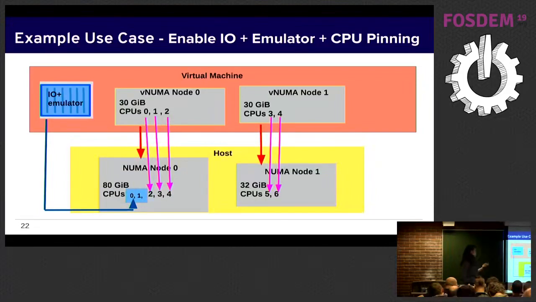So I won't pin my virtual CPU to 0 and 1, because those physical CPUs will be used for both virtual CPUs and IO+Emulator, which is not the case. So I'm leaving them only for that, and the blue line is done automatically. So that's regarding all the pinning together.